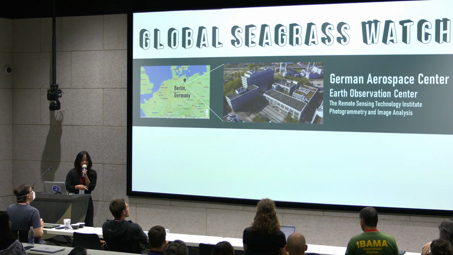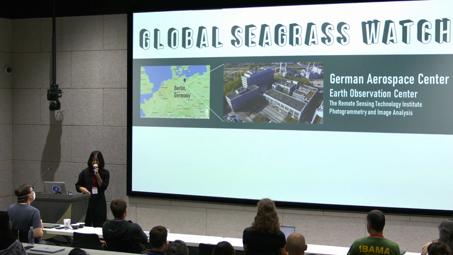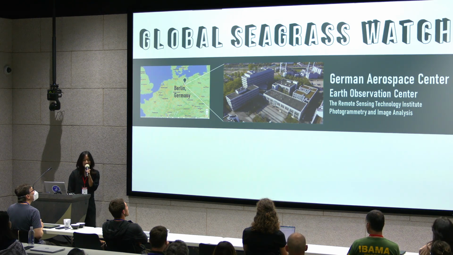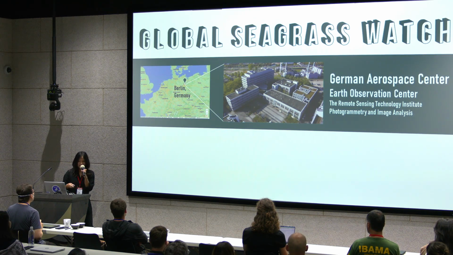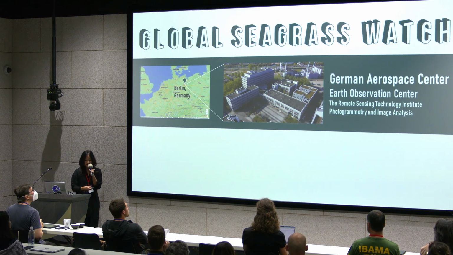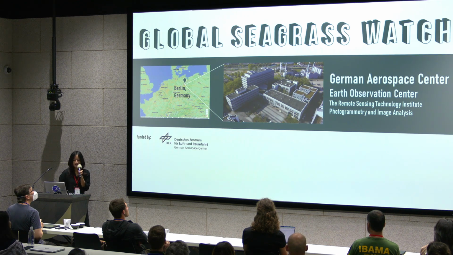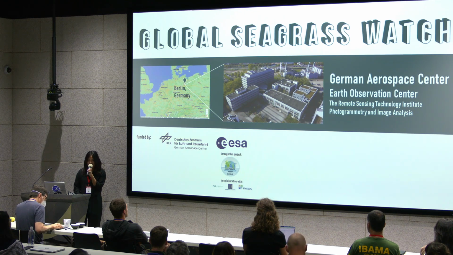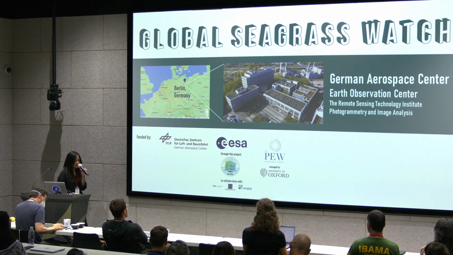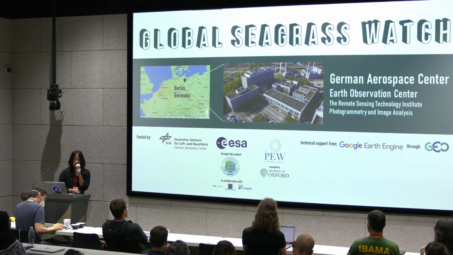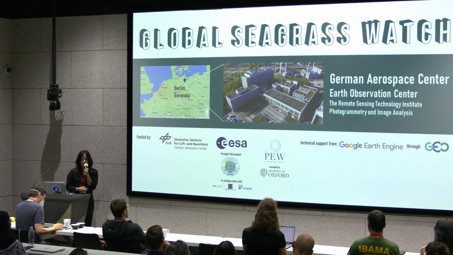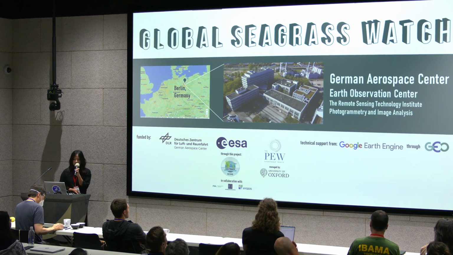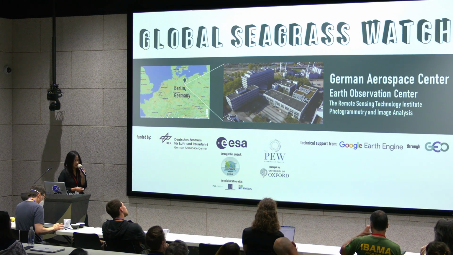Mar, who presented earlier, also used to intern with us, so I'm going to refer to her talk quite often, so I don't repeat the same thing. We are funded by the German Aerospace Center and European Space Agency, Pew Trust through University of Oxford, and we also receive some technical support from Google Earth Engine through GEO.